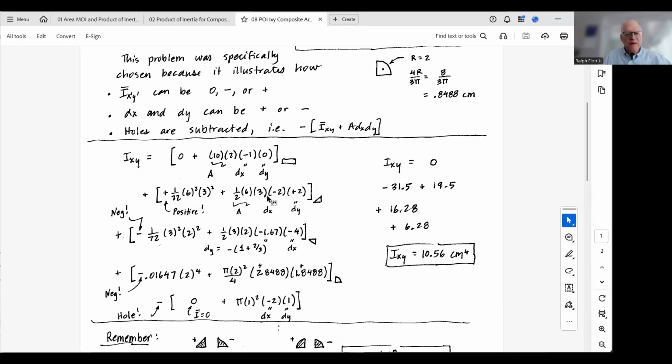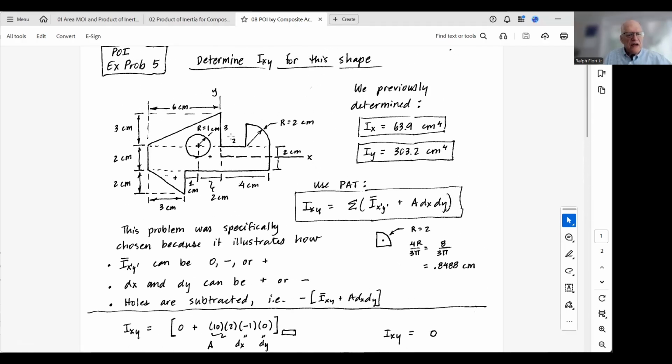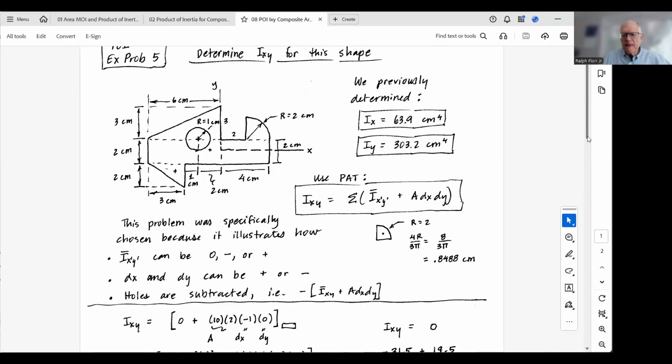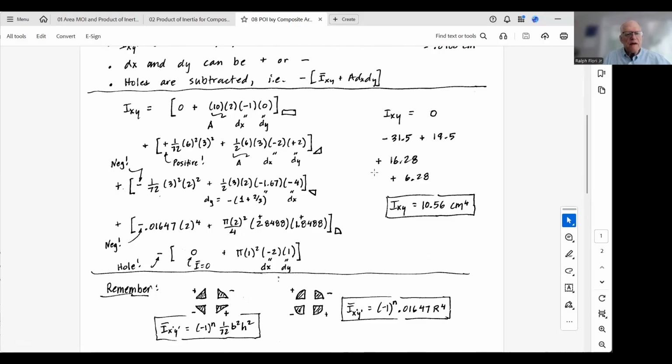His area is 1/2 base times height. His dx, his centroid is 2 over from y, so his dx is negative 2. His dy is 1 plus 1, so his dy is plus 2. So minus 2 plus 2 for the triangle.